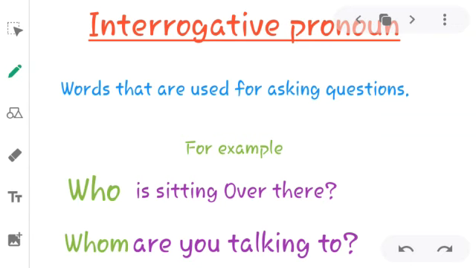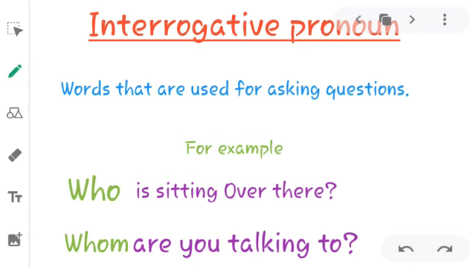Interrogative pronouns. What are interrogative pronouns? Basically we all know that interrogate means to ask questions. So interrogative pronouns are the words that are used for asking questions. In interrogative and relative pronouns, in both situations we use the same pronouns: who, whom, whose, which.